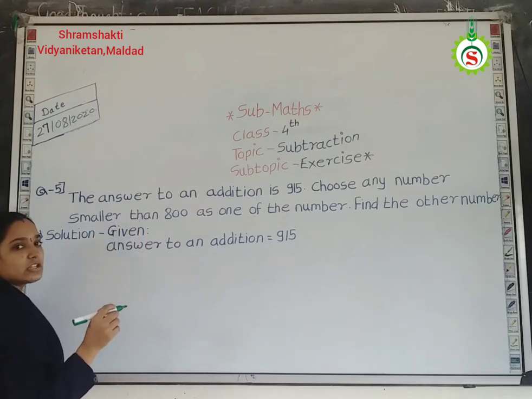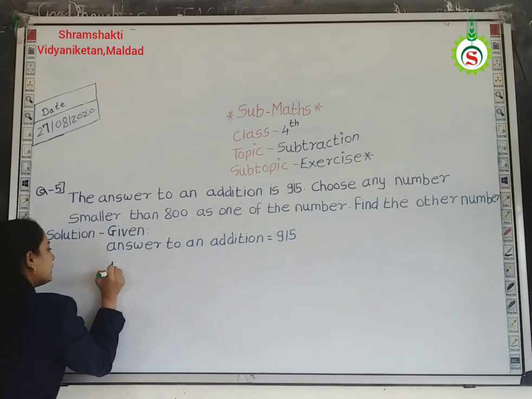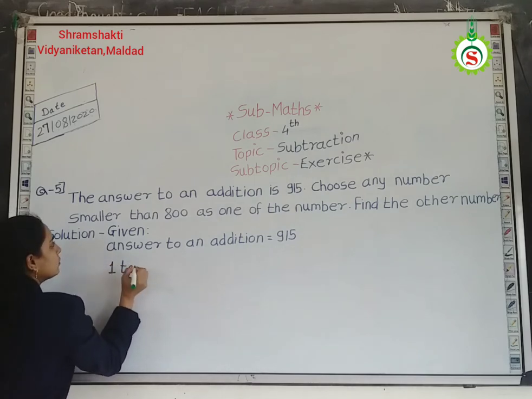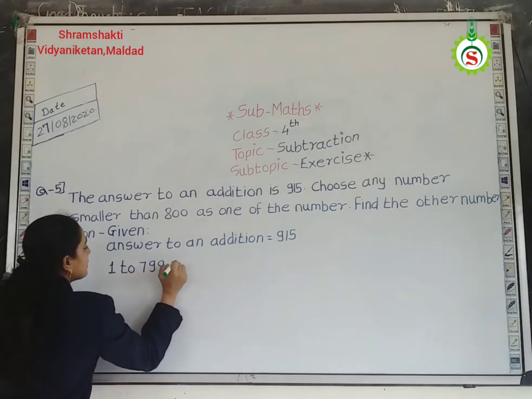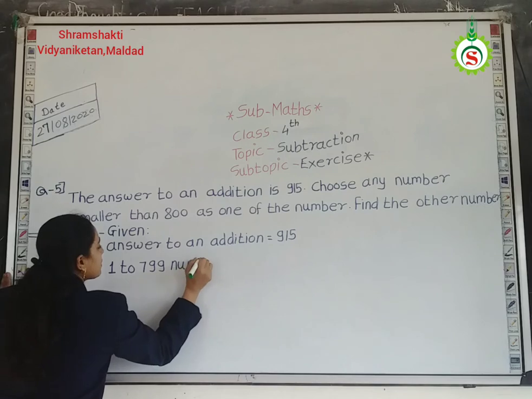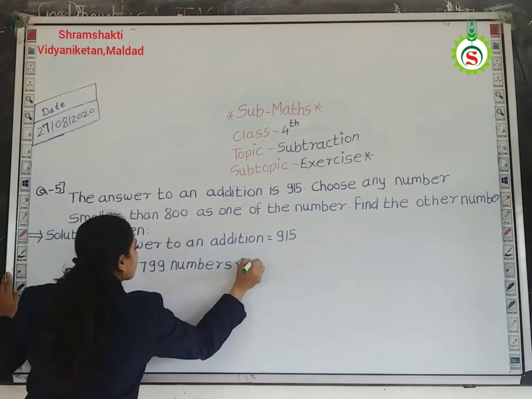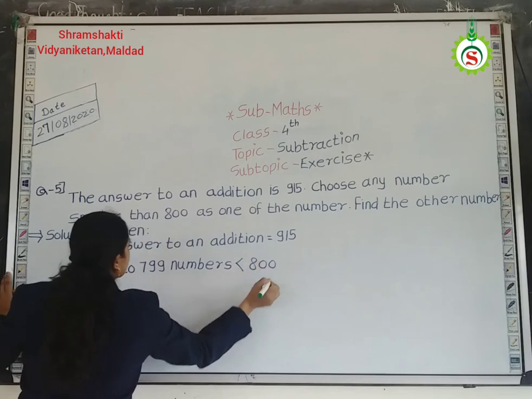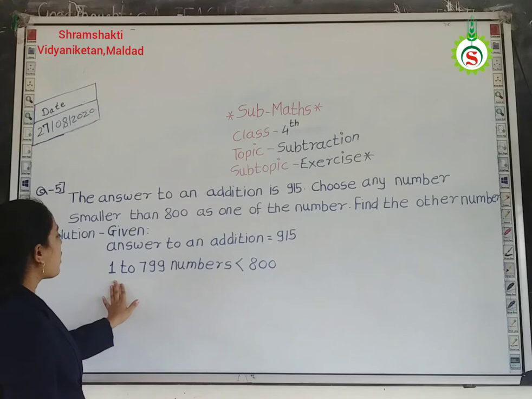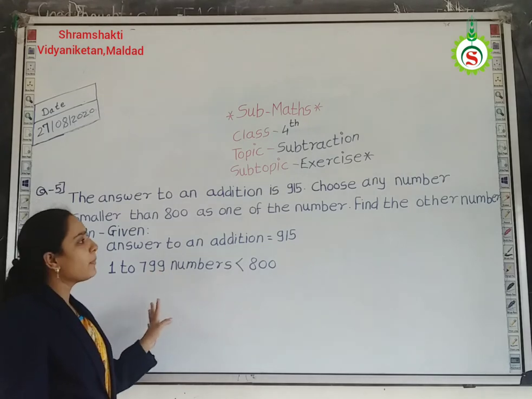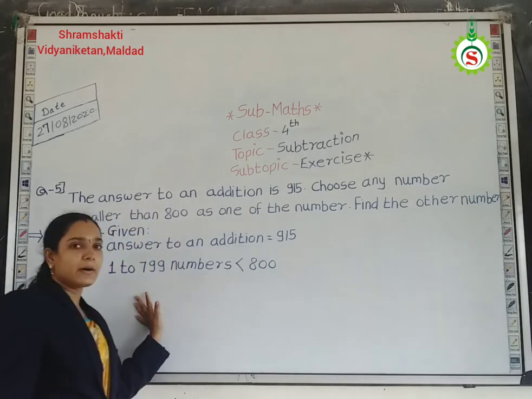Tell me which numbers are smaller than 800. 1, 2, up to 799 are smaller than 800. Means one of the numbers from these two numbers is from 1 to 799. But is this number given? No, we have to choose this number.